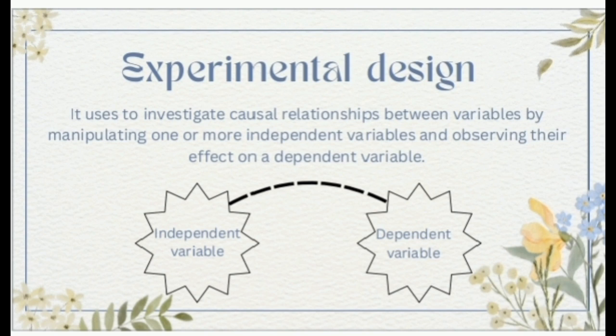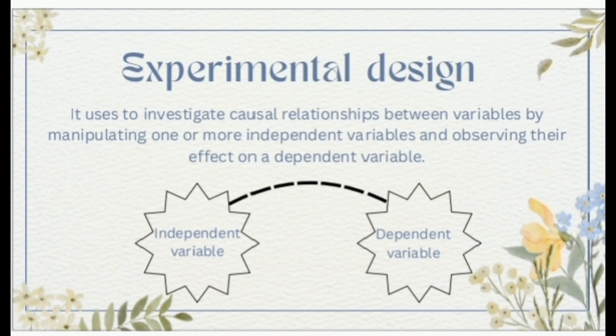Okay, so it is used to investigate causal relationships between variables by manipulating one or more independent variables and observing their effect on a dependent variable. We manipulate or change the independent variable. Independent variables are the variables which we can change in our research.